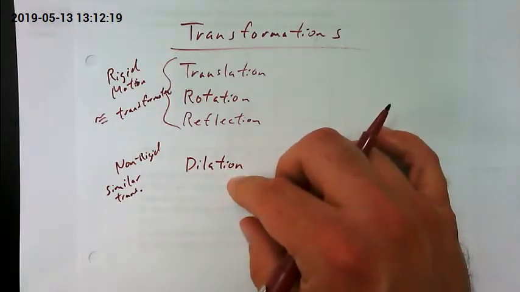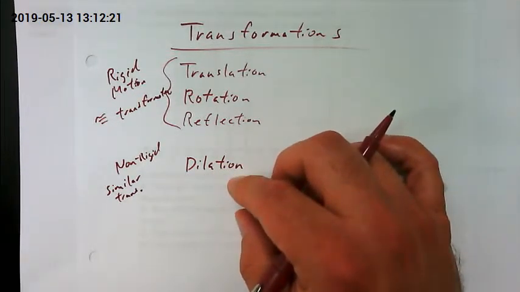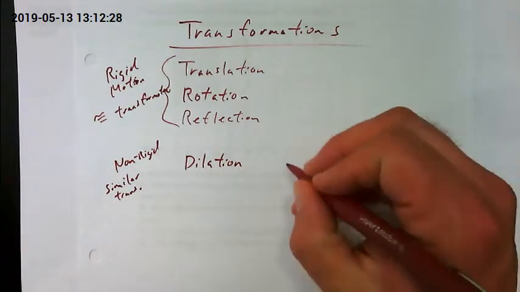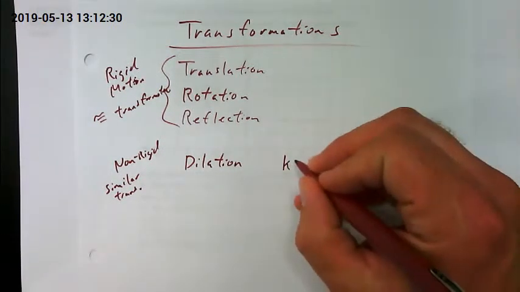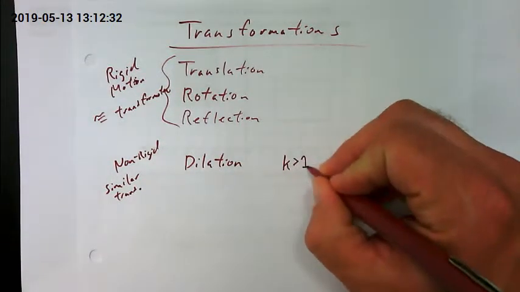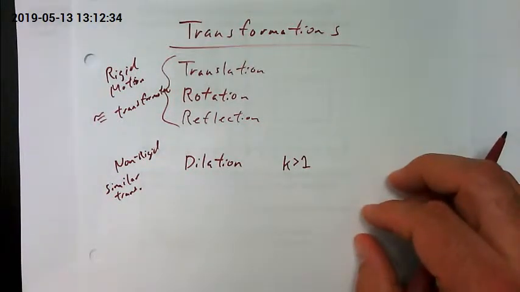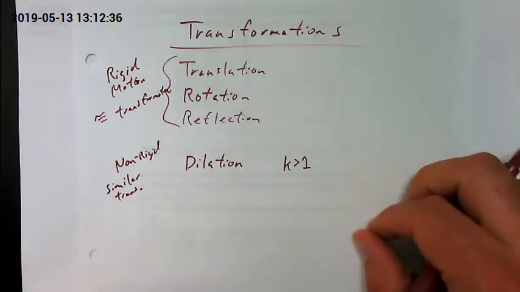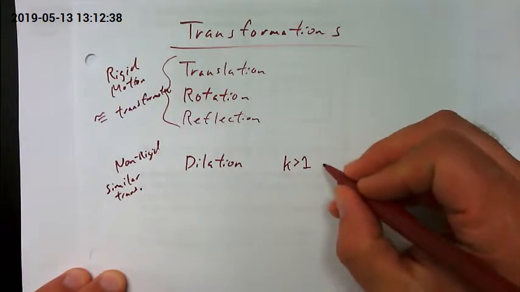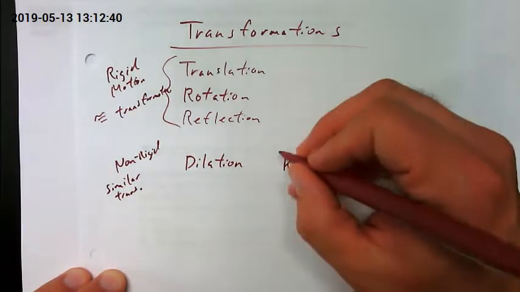Scale factor, which is usually abbreviated with a K. All right. If your K is greater than 1, what type of dilation is it? What does K mean? Scale factor.